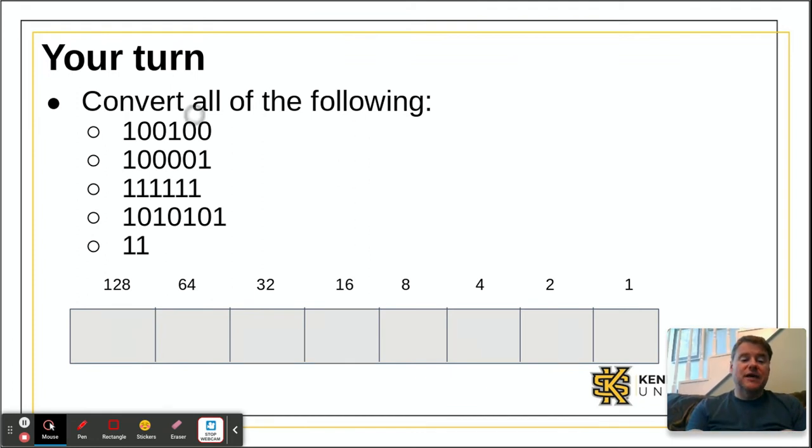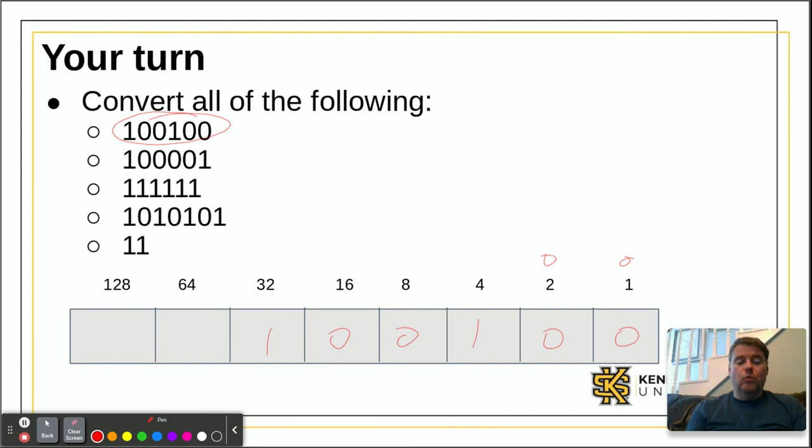All right, so let's take a look at each of these guys. So we have 100100. So that's 0, 0, sorry, I should be putting those in the box, 100100. And so what I need to do is I need to add 32 plus 4, which is going to be 36, and that's the answer. So this one is going to be 36.